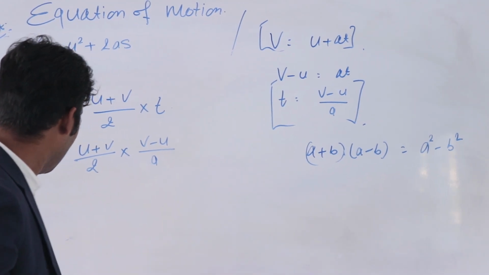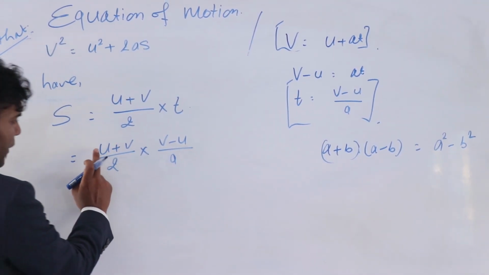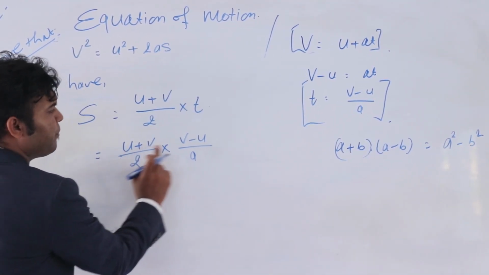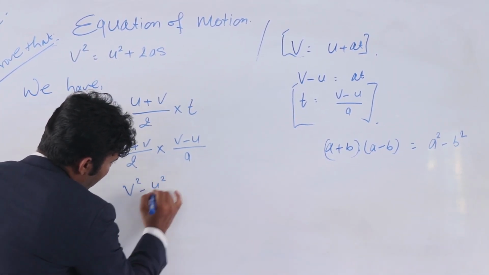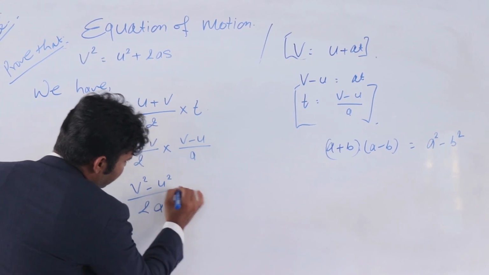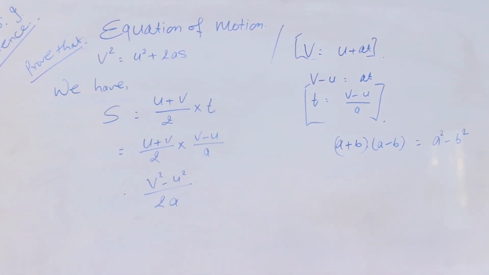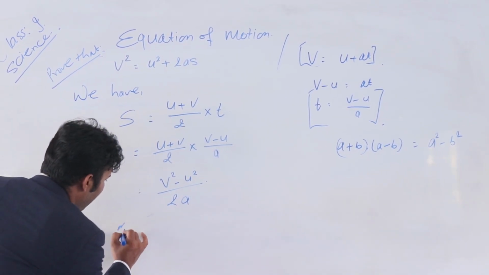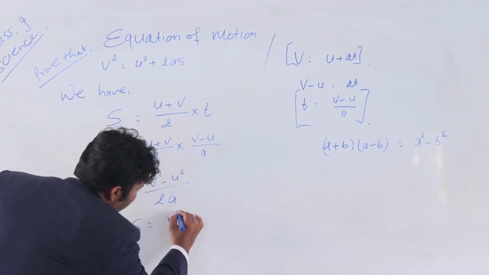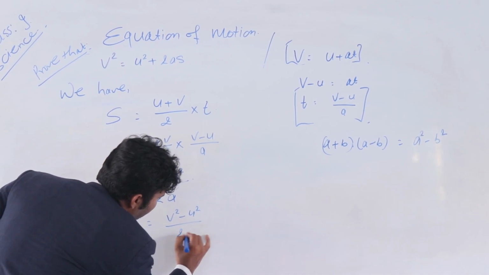Isn't it? Look here, u plus v into v minus u means v square minus u square divided by twice a. Is it right? Okay student. Now s is equal to v square minus u square upon 2a.